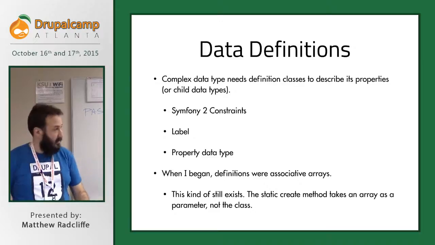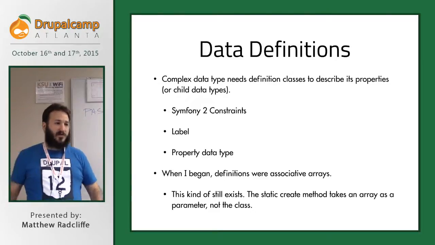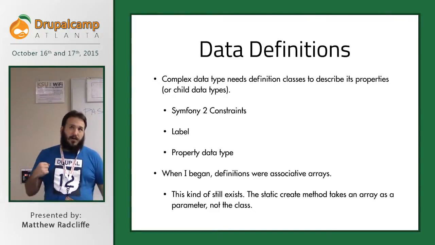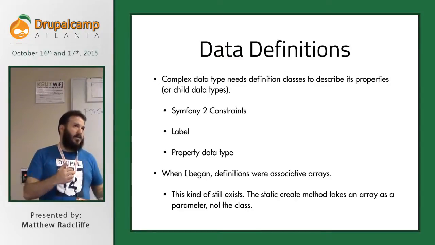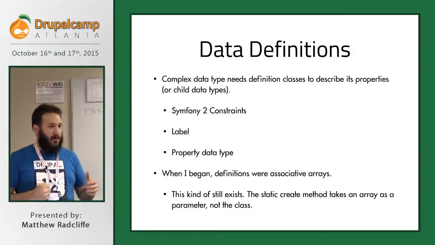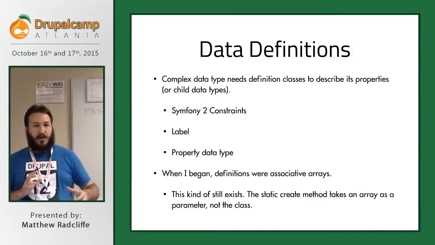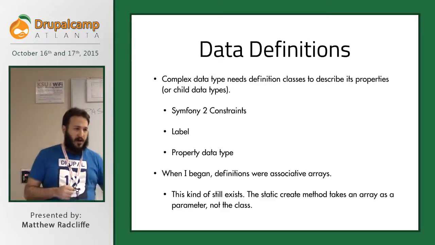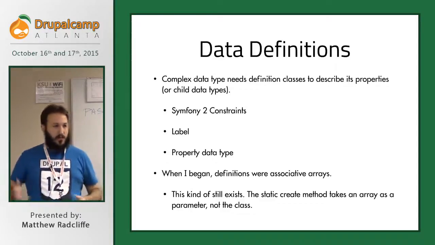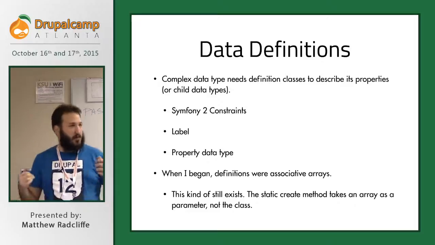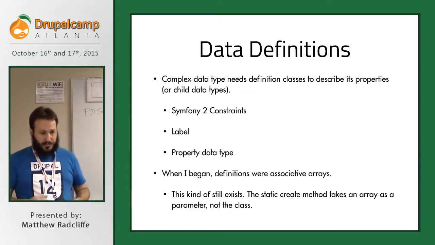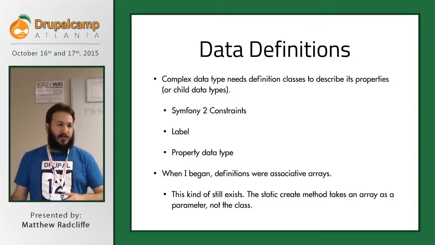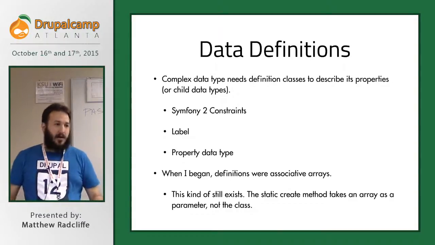So a data definition is a way of describing the hierarchical structure of that specific data type, with things like constraints or labels or descriptions. So we describe the properties of the data definition, and then we can create data types from that definition.